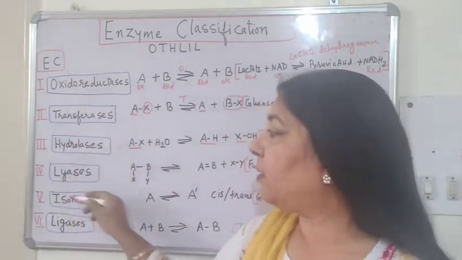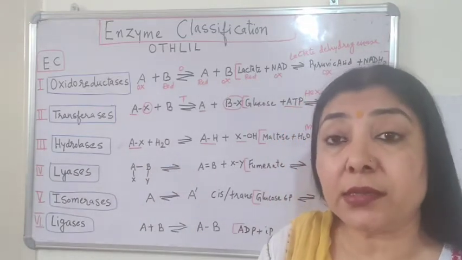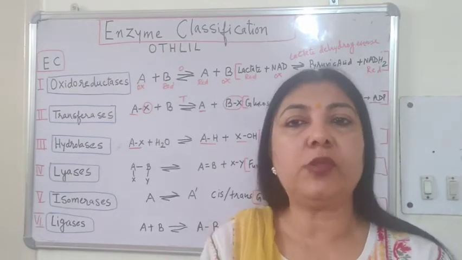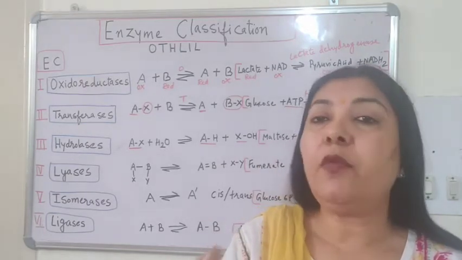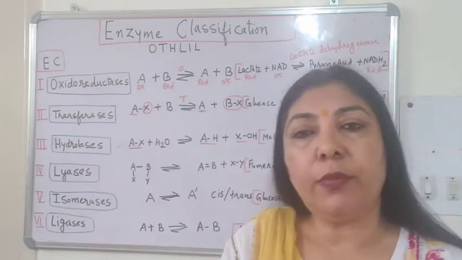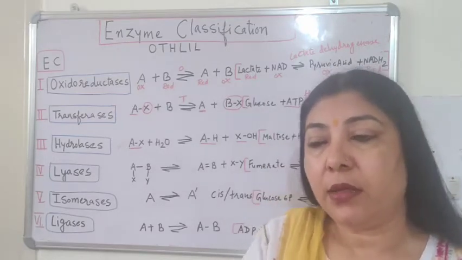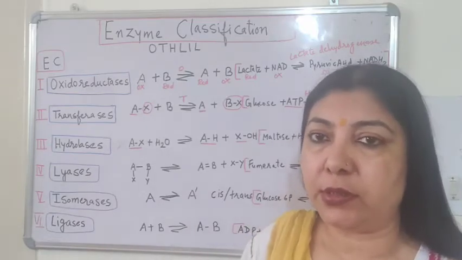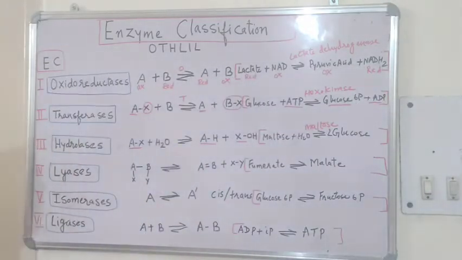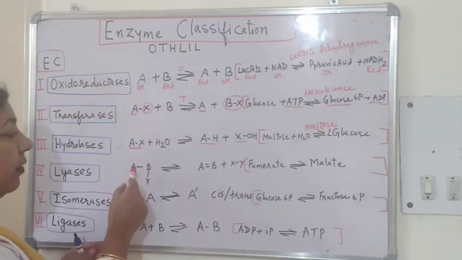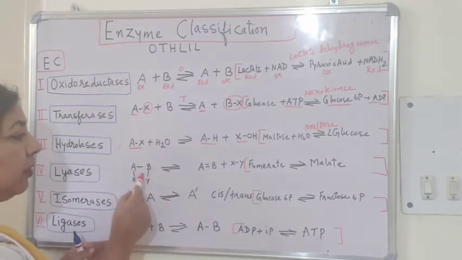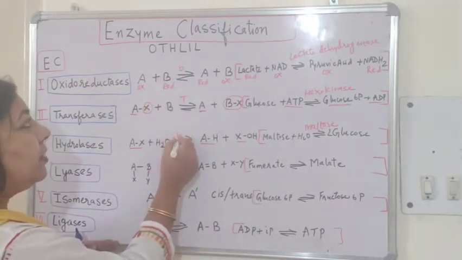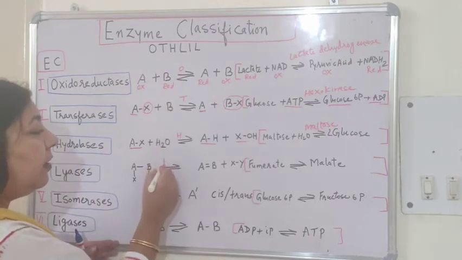Next comes class 4, that is lyases. These enzymes also break bigger molecules into smaller, but here water is not required. Because water is not required, it will break up by forming double bonds. So let us see. Here, this is one compound, and here H stands for hydrolysis and here lysis.